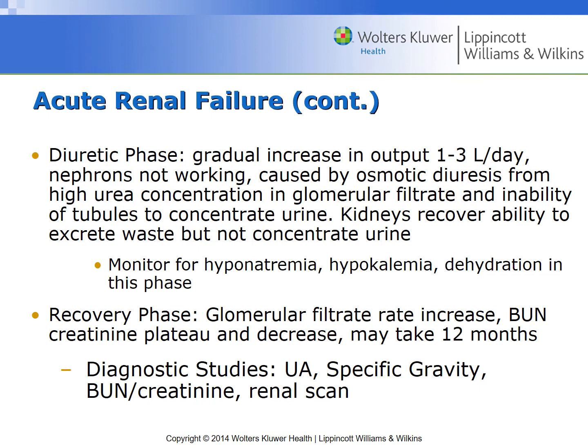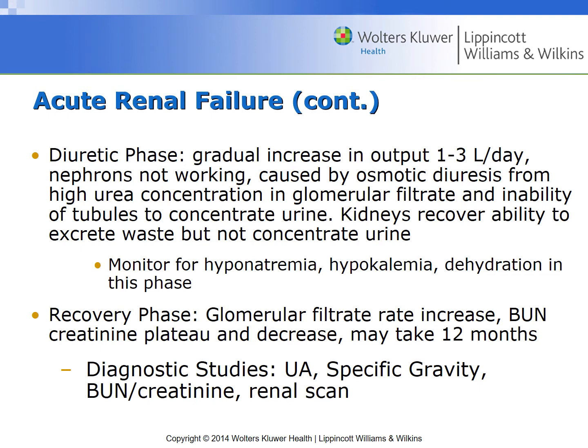It's caused by osmotic diuresis from a high urea concentration in that glomerular filtrate, and the tubules are not able to concentrate the urine. So the kidneys recover the ability to excrete waste, but they cannot concentrate the urine.